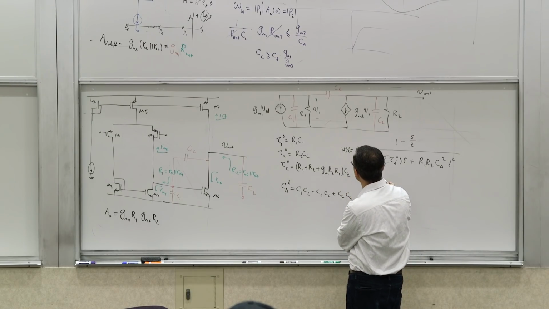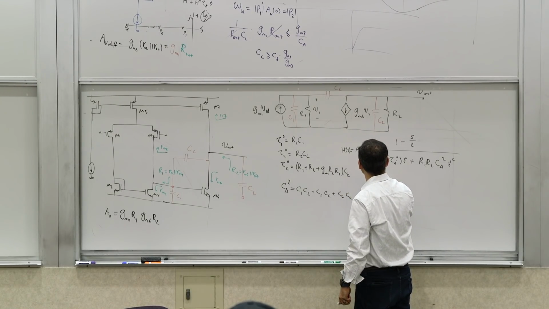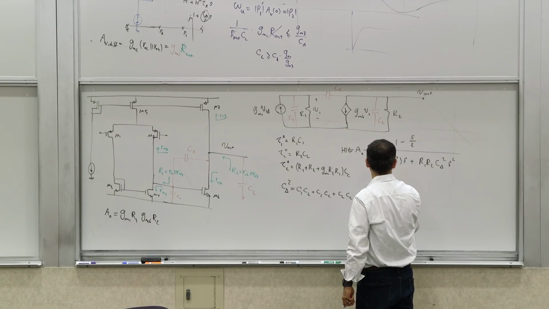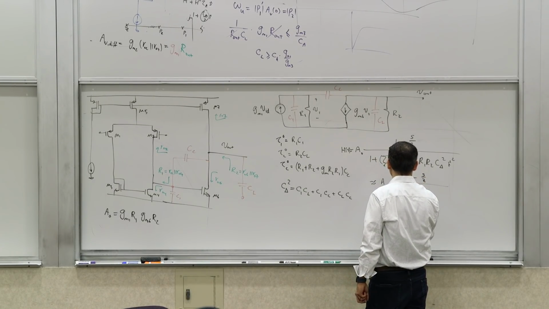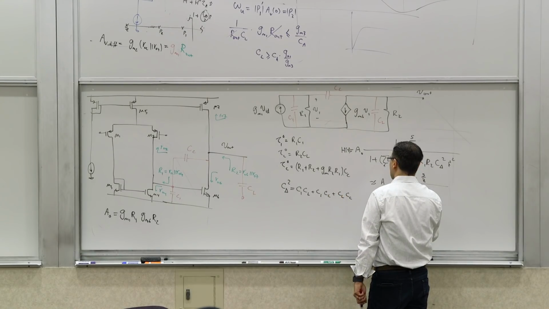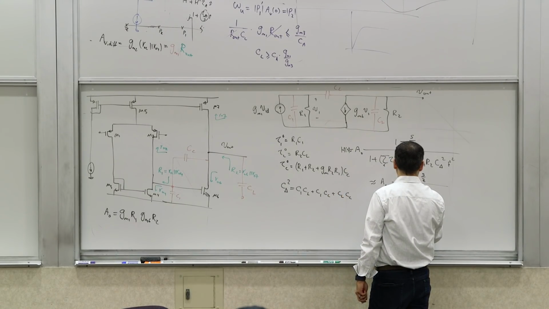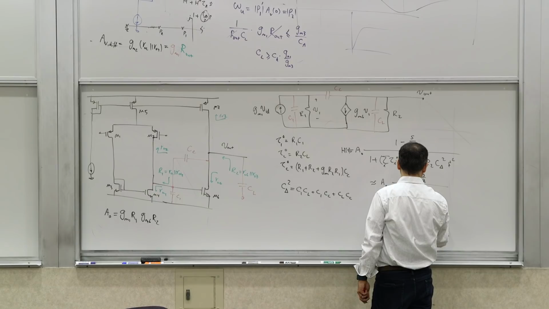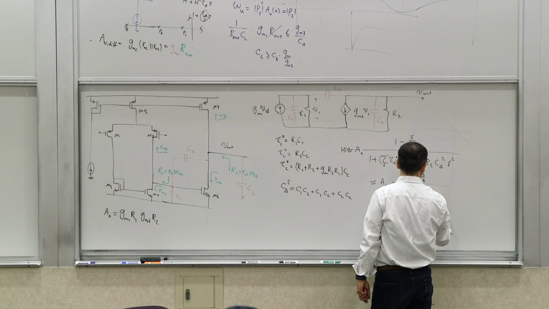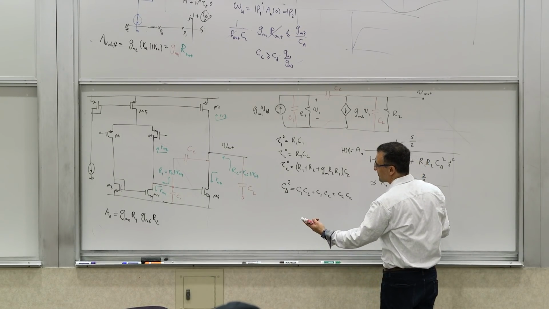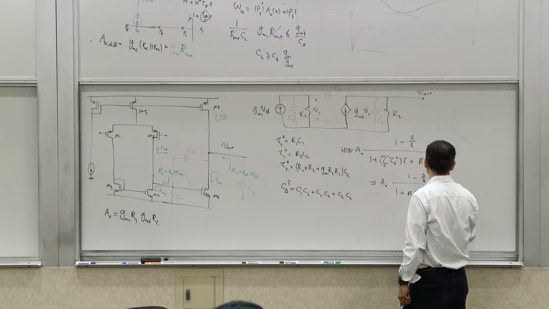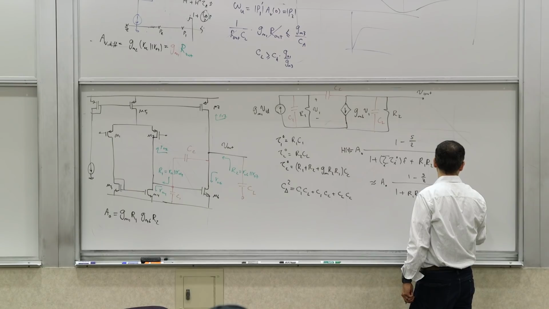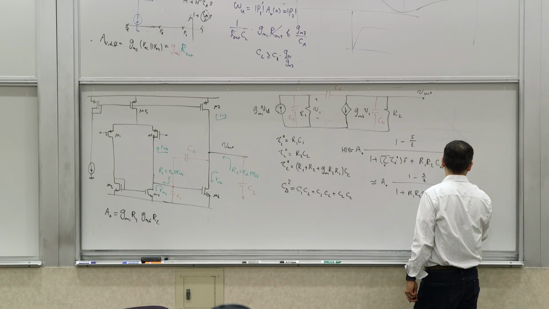So if you write just that part, roughly, approximately, this is A0, you have the 0 in the numerator, and then you have 1 plus R1, R2, GM CC. It's really GM6. All of these GMs are GM6s. S plus R1, R2, C delta squared, S squared.